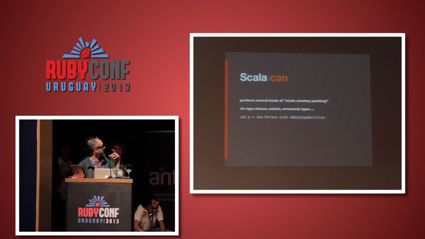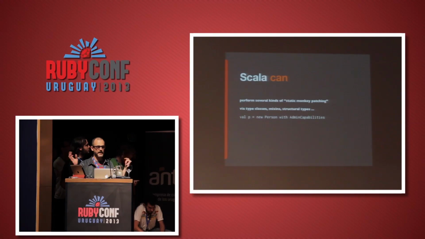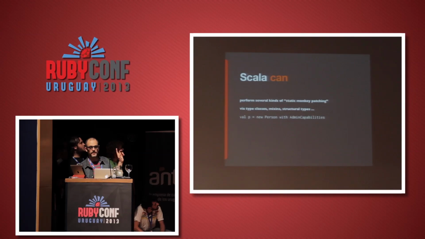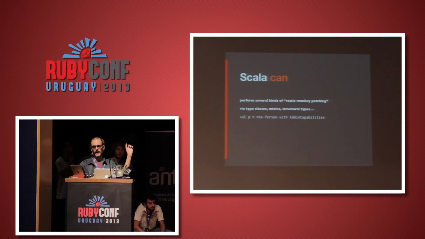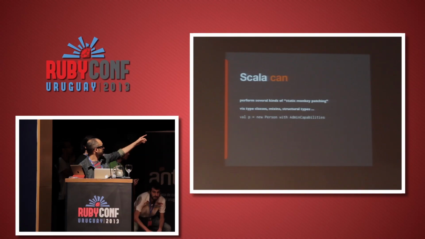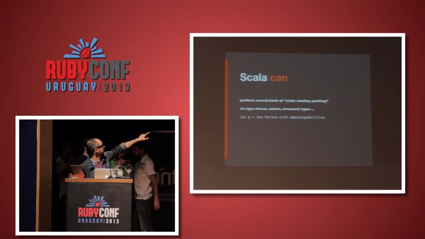Scala can perform several kinds of static monkey patching via type classes, like an open inheritance, mixins, and structural types, which are similar to duck typing, where I can say that I'm going to receive something that has an X method and a Y property, and as long as it meets that contract, I'm going to receive it as a parameter.